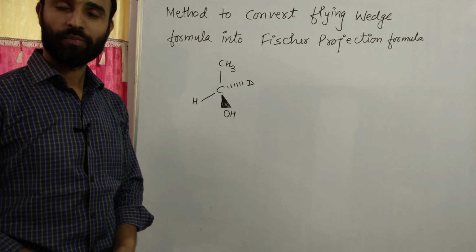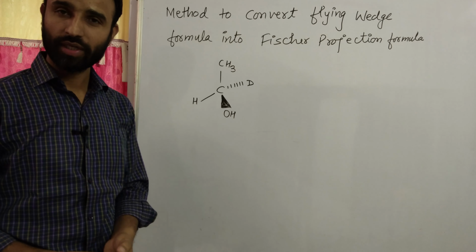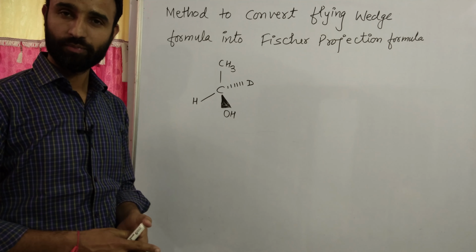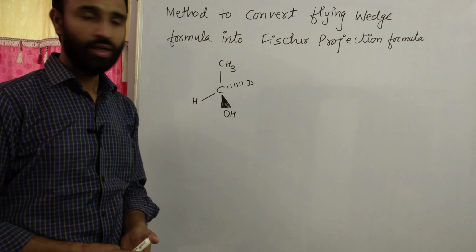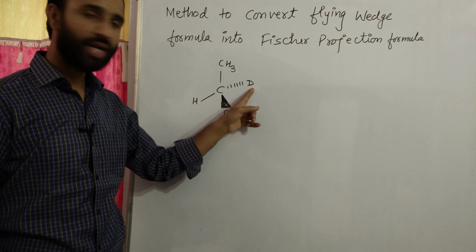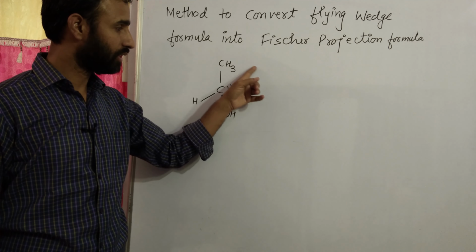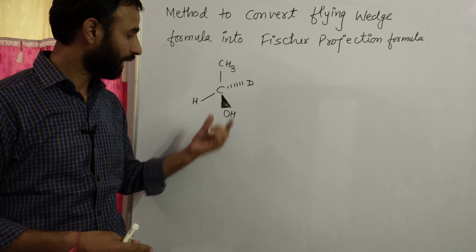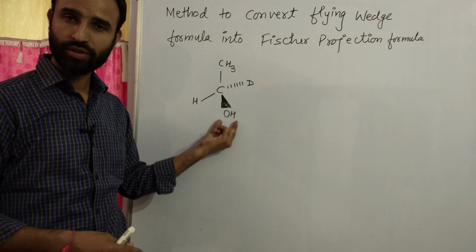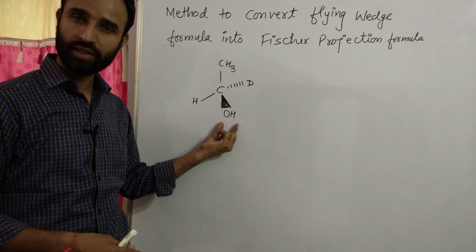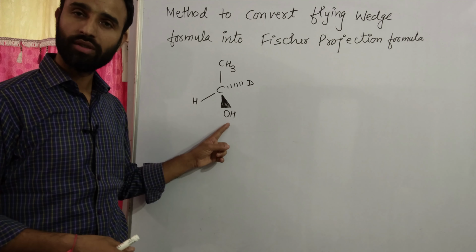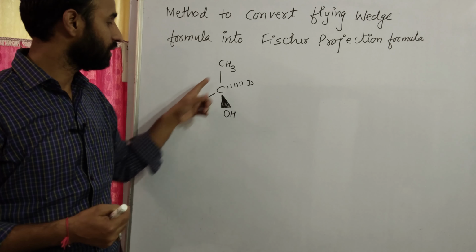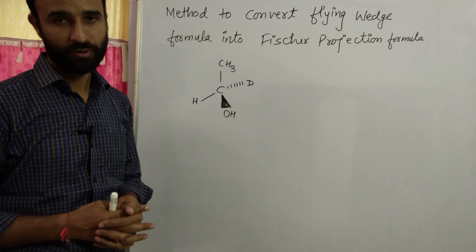Today we have a very important topic: converting flying wedge formulas into Fischer projection formulas. You know the dashed line in the flying wedge is the atom or group away from the observer, and the solid wedge means this group is towards the observer, and the others are on the plane of the paper.